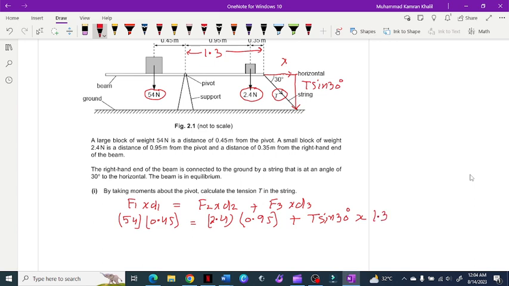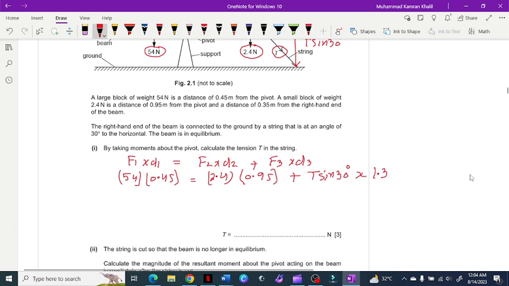After solving that, we will get the value 34 Newton. That is the answer in two significant figures.